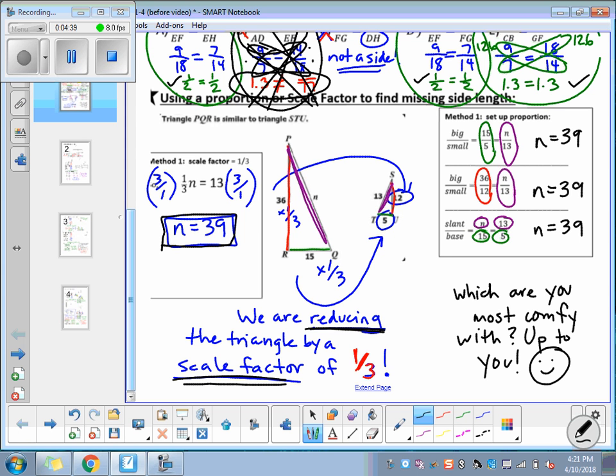So now what we're asking is 1/3 of what number equals this 13? And that's what you see here. 1/3 of some number N equals 13. And to solve, we're going to multiply both sides by the reciprocal. That cancels out. And 13 times 3 is 39.